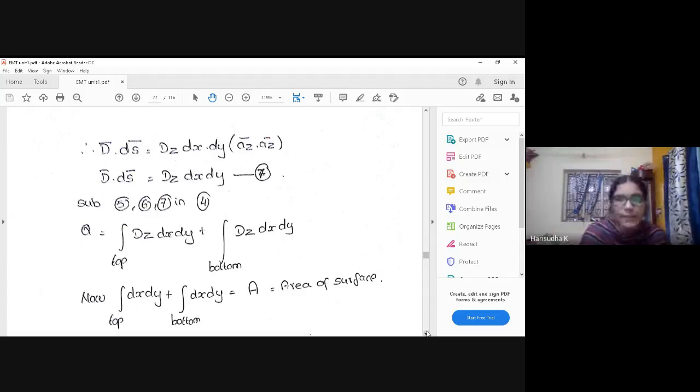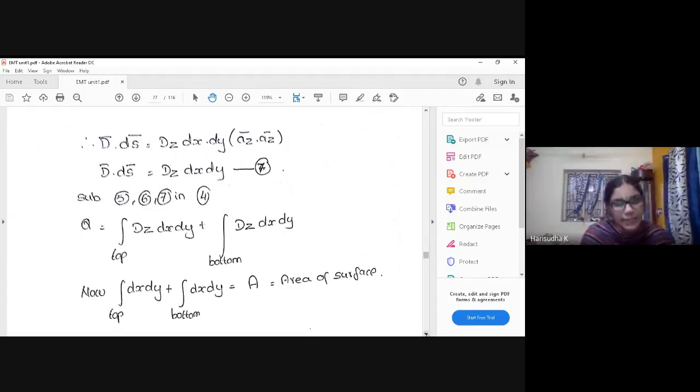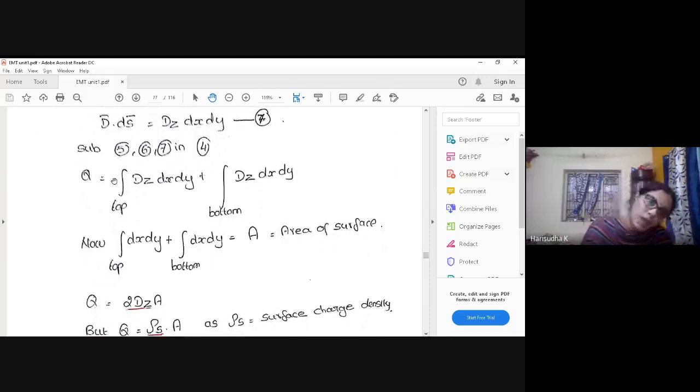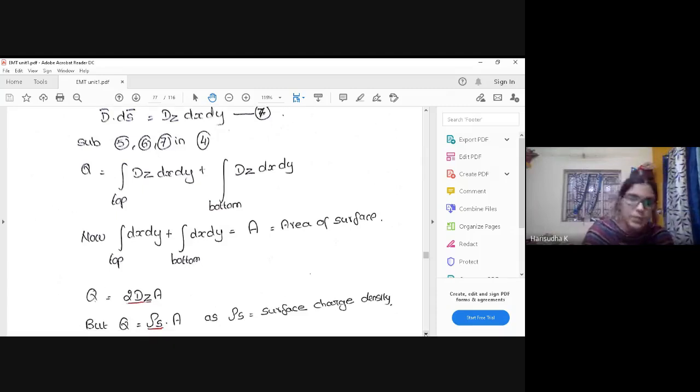Taking the Dz outside, it's a constant term, we get Dz integral dx dy plus Dz integral dx dy. So integral dx dy plus integral dx dy will be the area of the surface because it covers the top and the bottom.